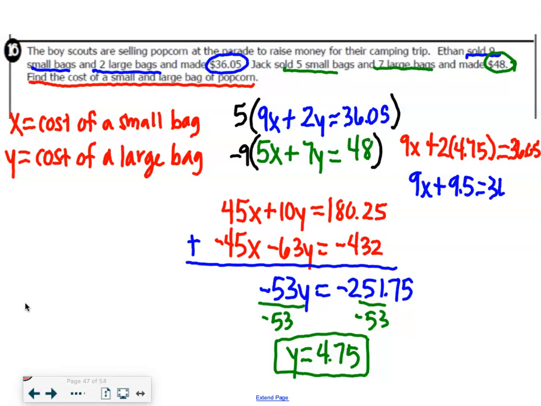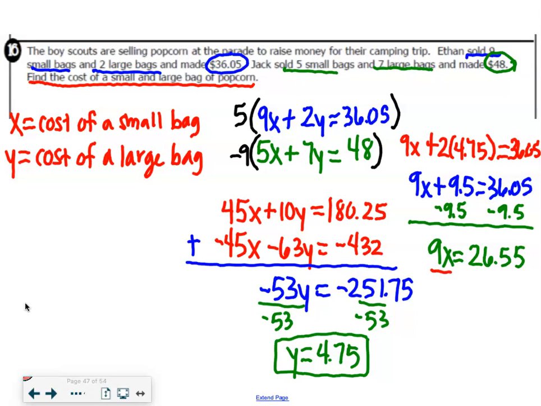Equals 36.05. Subtract over that 9.50. So then we have 9x is equal to 26.55. Divide out by 9. X equals 2.95. Woo!